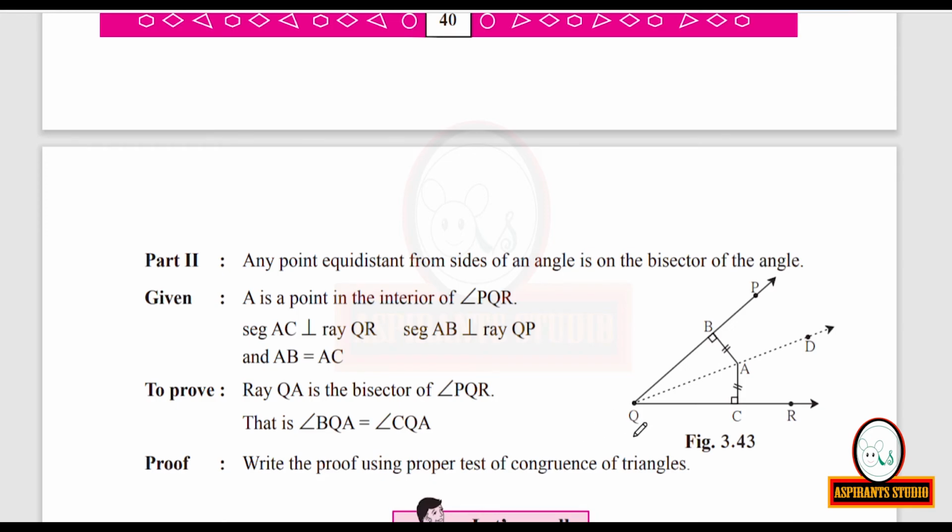Now on the next line you write hypotenuse AQ is congruent to hypotenuse AQ. Within brackets you write common side.